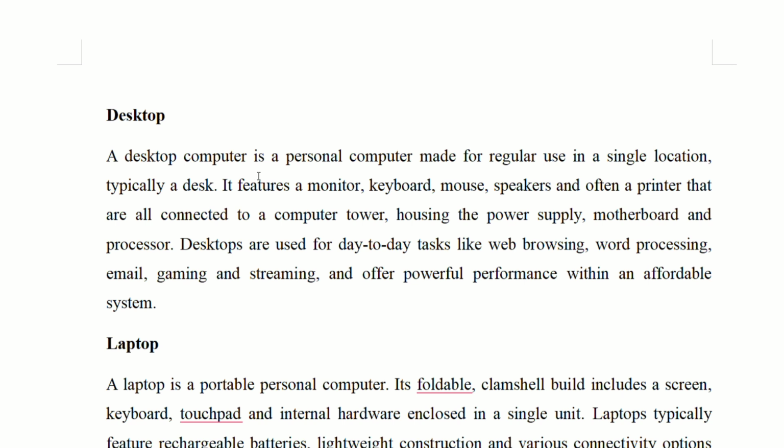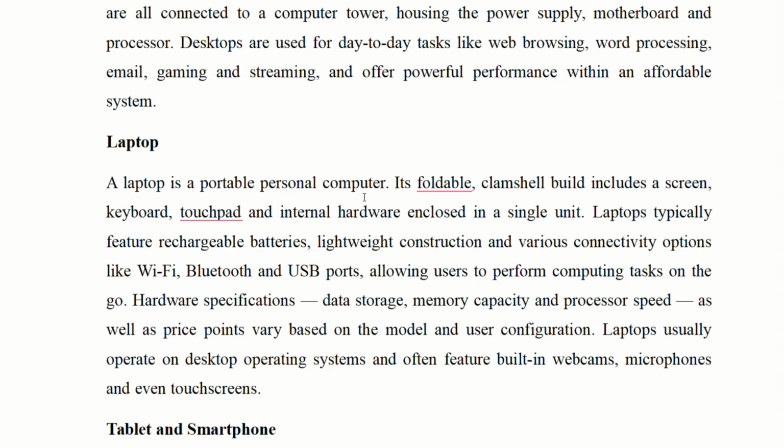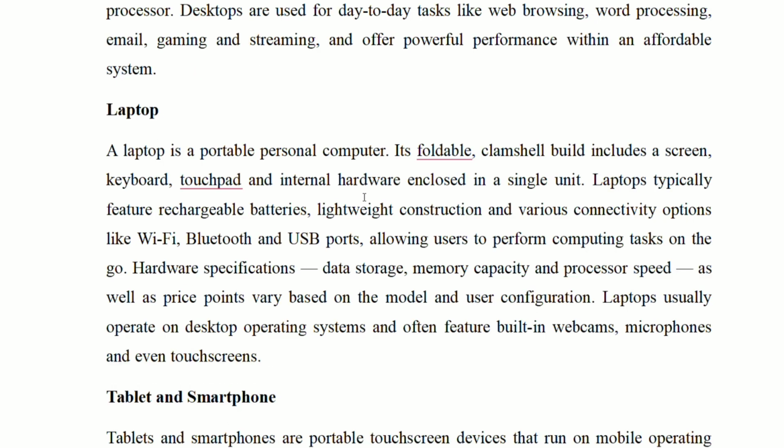Coming to the third type of computer, the laptop. In this present generation, everyone who can afford the cost can use a laptop for coding and computing purposes. Next, tablets and smartphones.